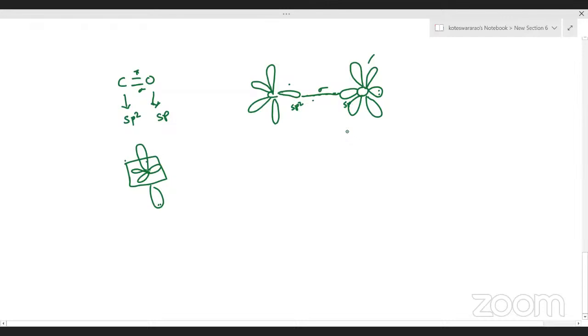Now, how is the pi bond established? Now, the oxygen is having two lone pairs of electrons. One lone pair is present in the sp hybrid orbital, and another lone pair is present in the unhybridized p orbital. Now, there is another pi bond.